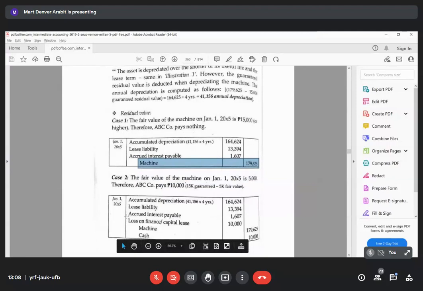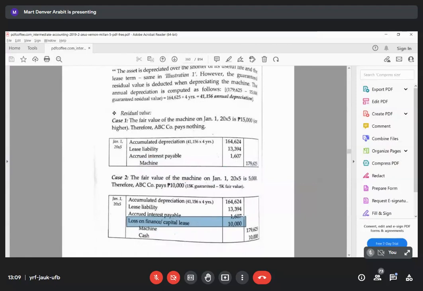So, that full 10,000, the whole difference between the R&D and the fair value, that is what you will pay, on top of your lease liability.